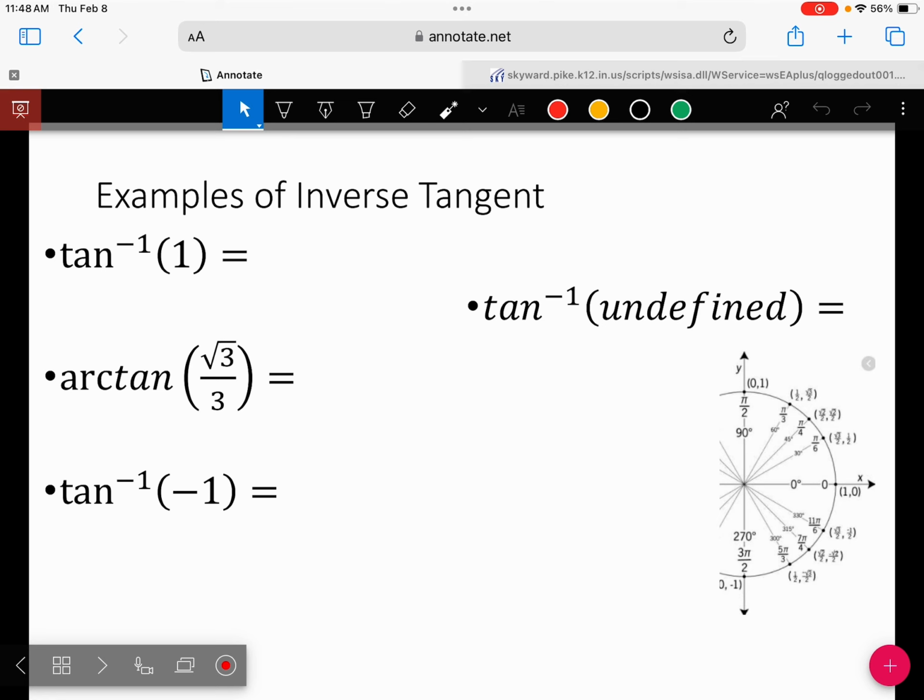The biggest thing to remember for inverse tangent is we're not given a coordinate, we're given the slope. You just got to find in quadrants 1 and 4 where that slope's going to match up. Which radian gives us a slope of 1? Pi over 4.